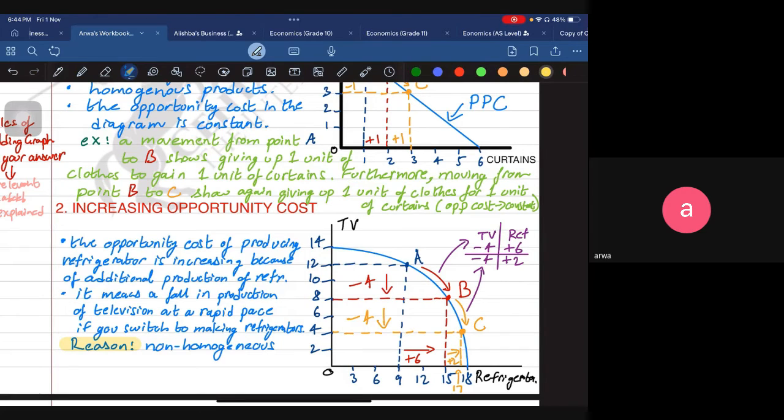But suppose you use the same amount for TV, you would be able to make more TVs. But if you use the same amount of resources to produce refrigerators, you would probably not be able to produce that much quantity of refrigerators, right? Yes, sir.